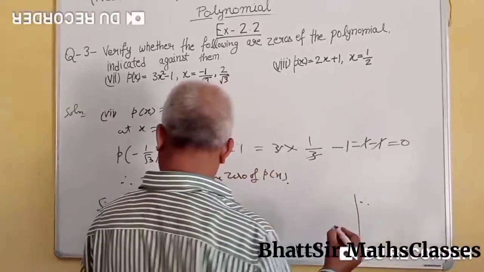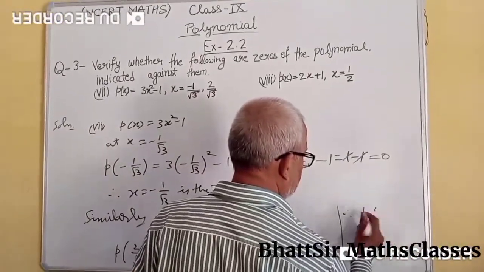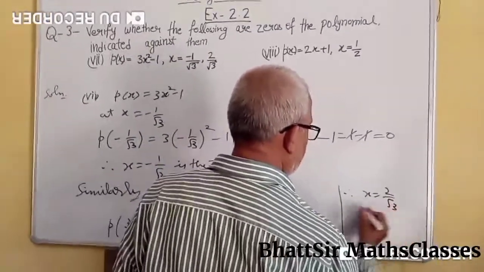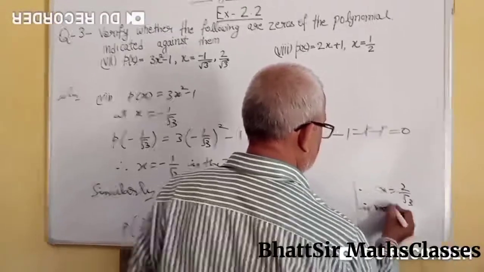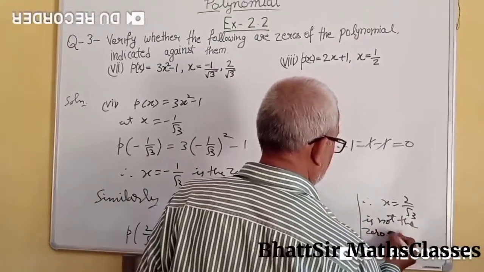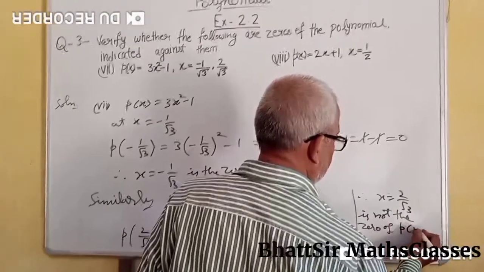Therefore, x equal to 2 upon root 3 is not the zero of P(x).